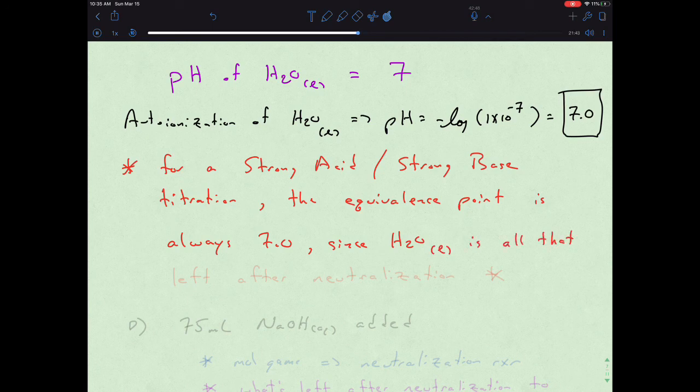And the reason for that is since water is all that is left after neutralization. I mean, a pH of 7 isn't always the case at the equivalence point, and we'll go into an example later on showing that. But whenever we're talking about a strong acid, strong base titration, that pH is always 7 because of the fact that water is the only thing that's actually left over.